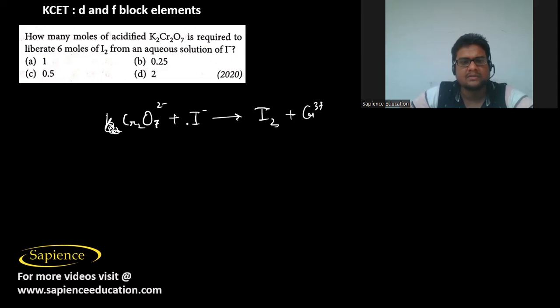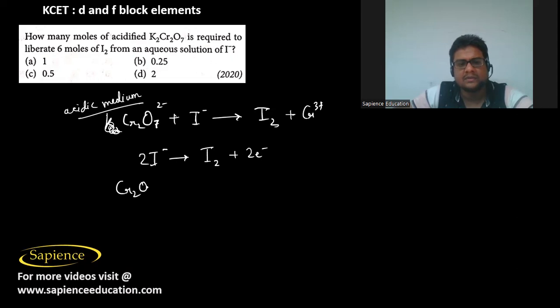So here we have to balance this ionic equation in the acidic medium. So 2I- will give I2 plus 2 electrons. So here we have oxidation.